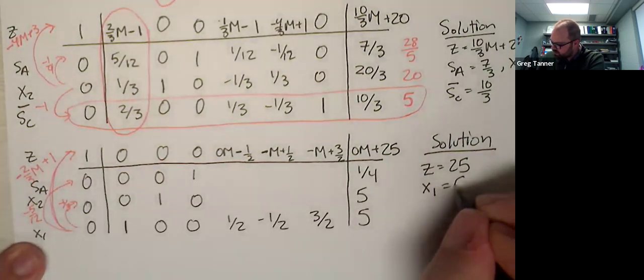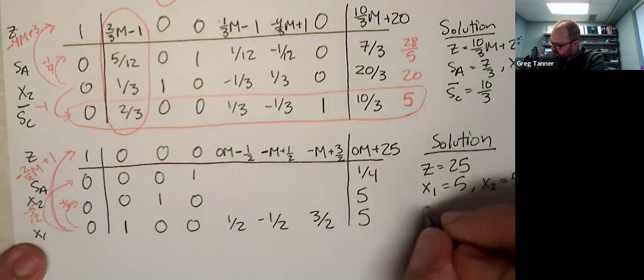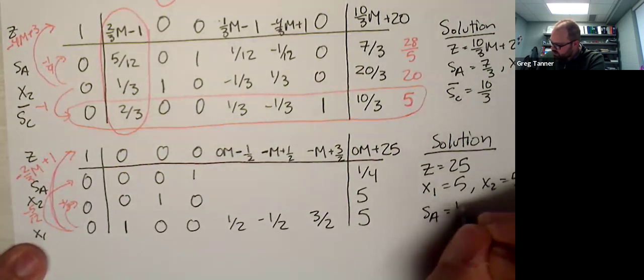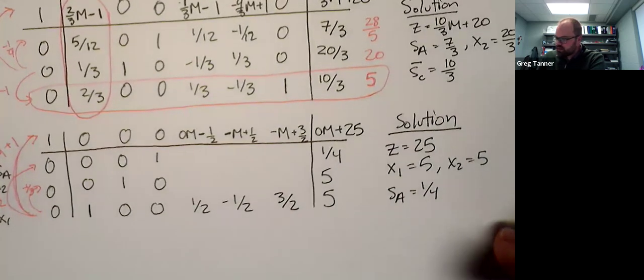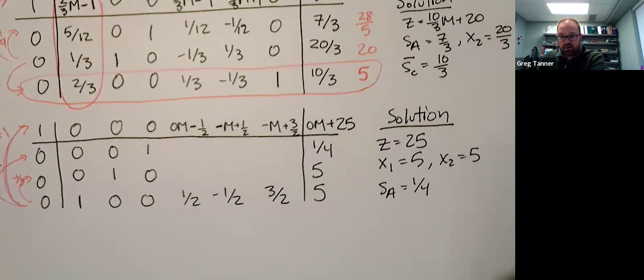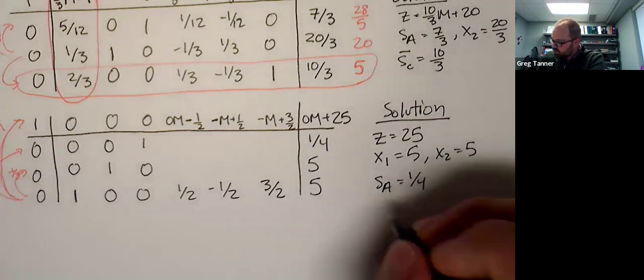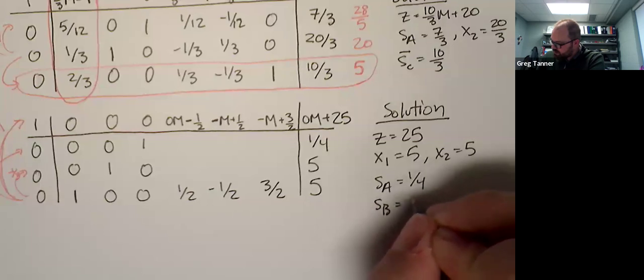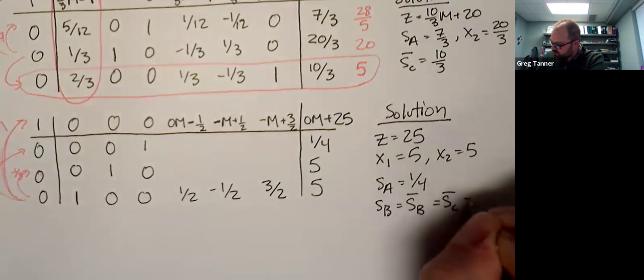X1 is 5, X2 is 5, and SA is 1/4. Okay. And then all my other variables are non-basic and set to 0. So SB equals SB bar equals SC bar equals 0.